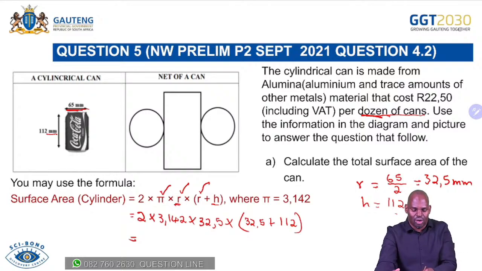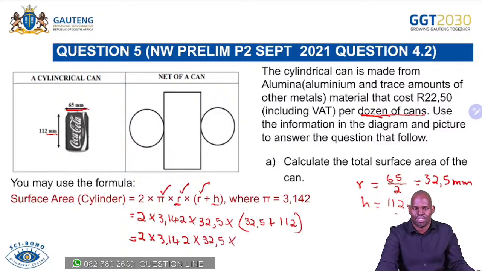According to our BODMAS rule, we need to simplify the brackets first. So we rewrite 2 times 3.142 times 32.5, and then times the bracket, where we've got 32.5 plus 112. Remember, it's addition there, boys and girls. It is addition, not multiplication.